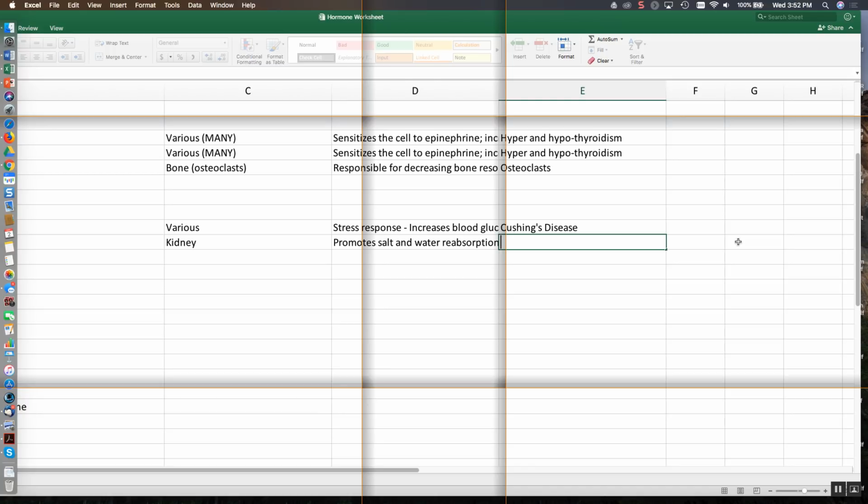Hyperaldosteronism. What would this cause? If you got too much salt and too much water reabsorption, what would that cause? High blood pressure. High blood pressure. It's called Conn's disease. Okay, hypoaldosteronism.